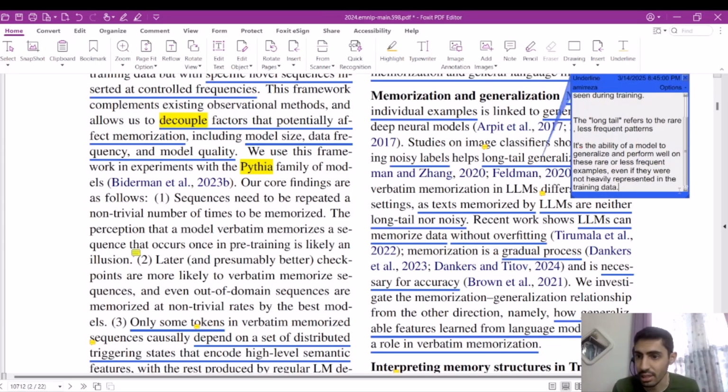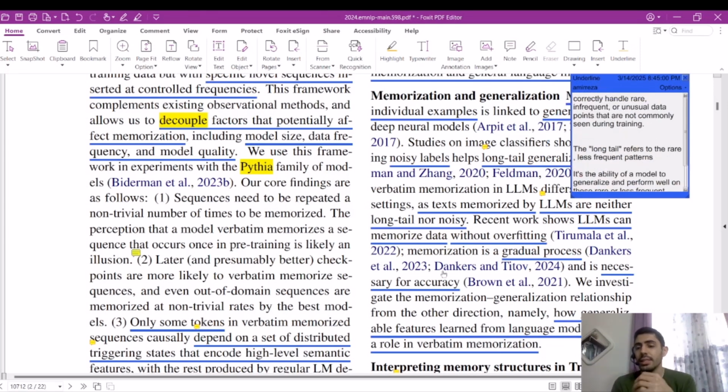Rare, infrequent or unusual data points that are not commonly seen during training. For example, you haven't seen a cow image, but you have seen dog and cat images, and it could understand that it is an animal. Seeing the cow and saying it looks like an animal, we call it long tail generalization.